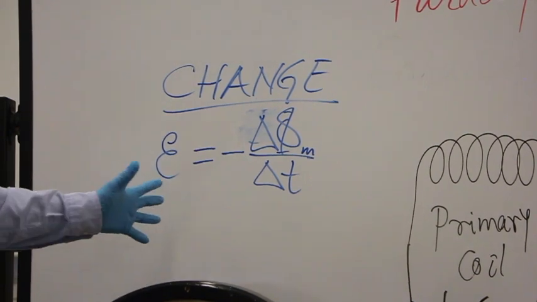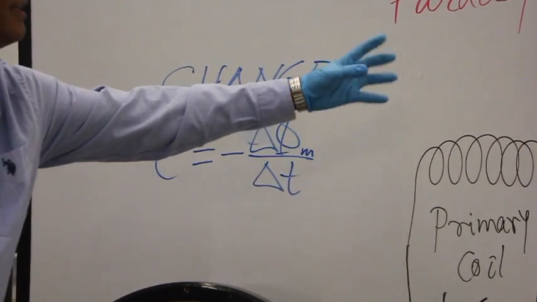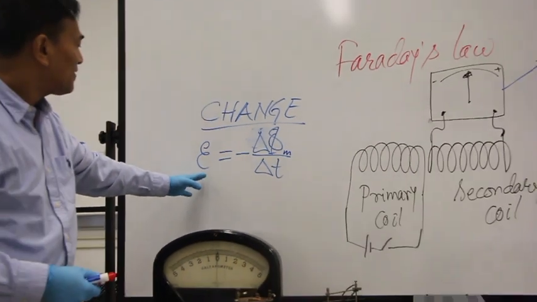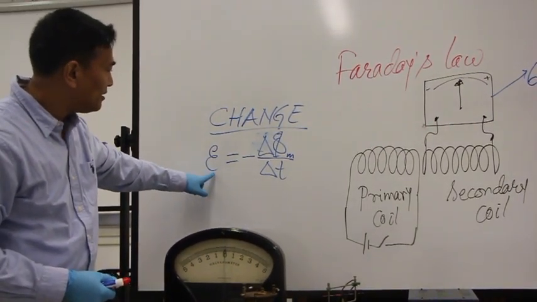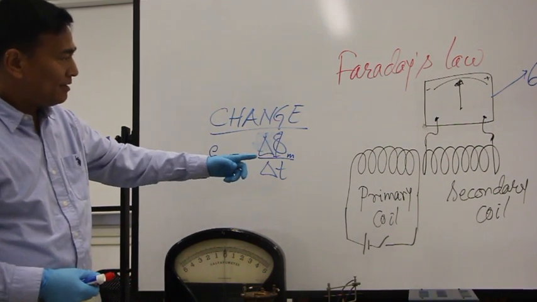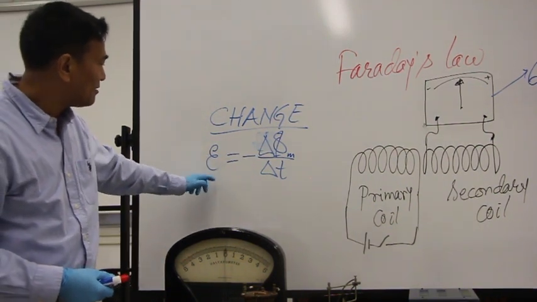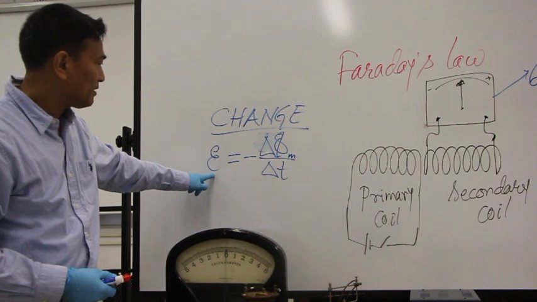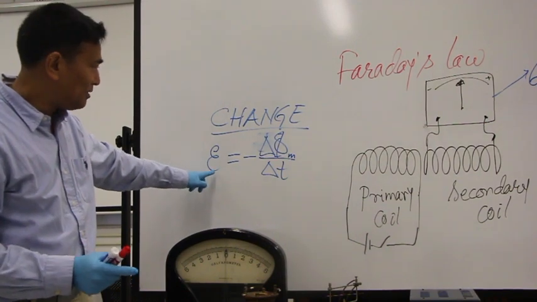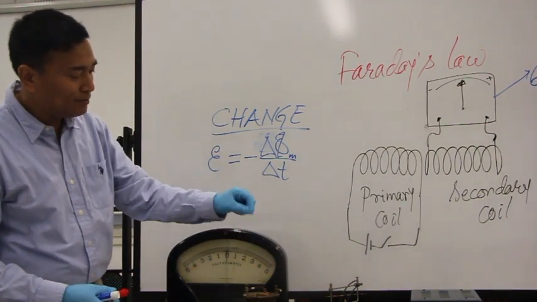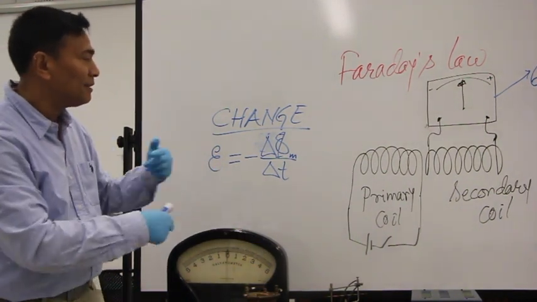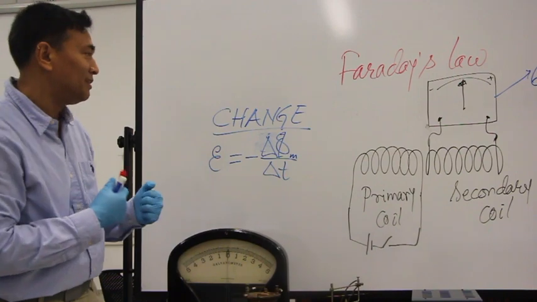This is the same as if there is a battery connected, and the voltage induced by this induction is the induced EMF. It is not battery voltage, but it is the same as battery voltage. When I move the magnet, it is giving current as if we have a battery inside.